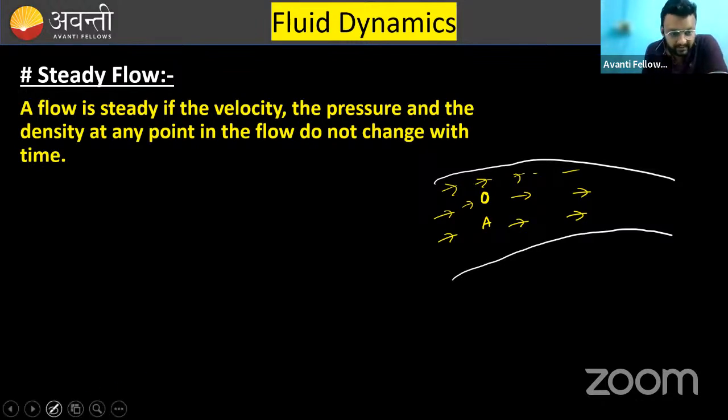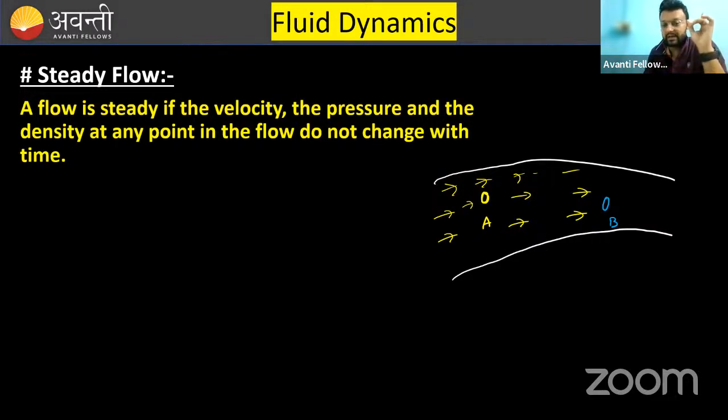Again, if I choose another point B here, and if I focus on all the particles passing through point B and they also have the same velocity, then this flow is known as streamline flow.